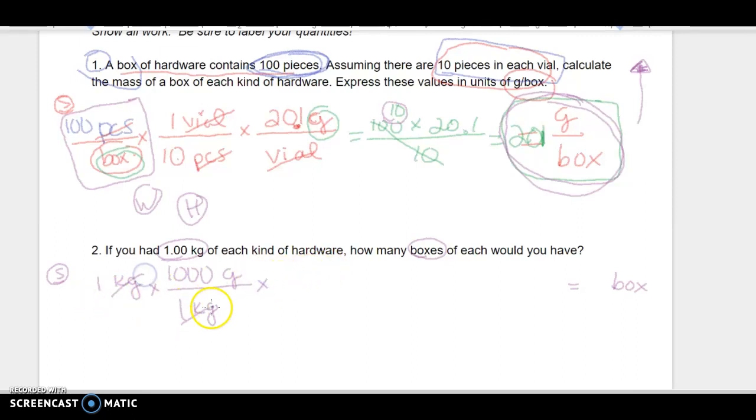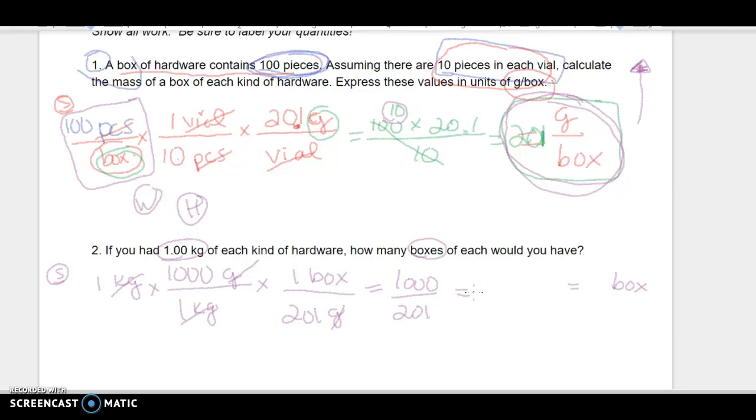So now the kilograms cancel. So I have 1,000 grams, okay? But I want boxes. So here I can see my conversion for screws. I have 201 grams in 1 box, okay? So now my grams are going to cancel out. So I'm left with 1,000 on the top divided by 201 on the bottom, which is going to be what, 5 something? 5 and very little, practically 5.